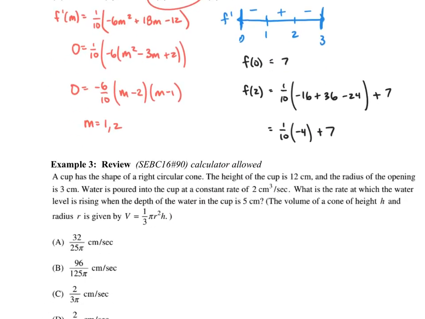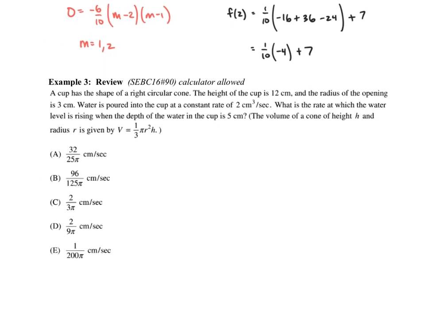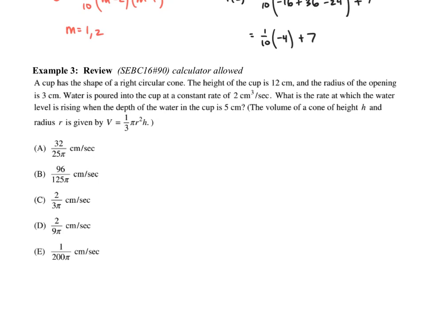All right, let's try our last example. This is actually a related rate, connecting back to a couple sections ago. We have a cup that is in the shape of a right circular cone, something like this. In this particular case, the height is 12, and the radius of the opening is 3.